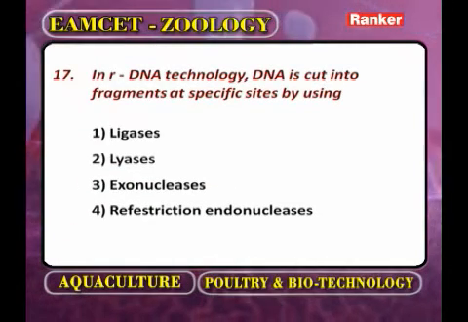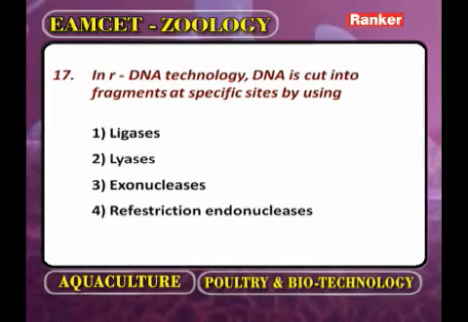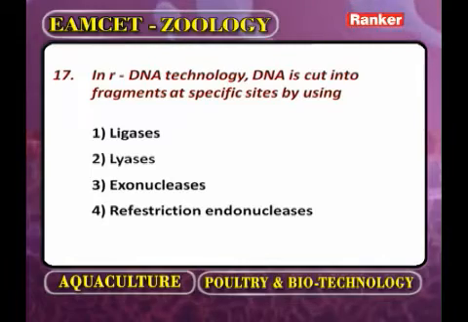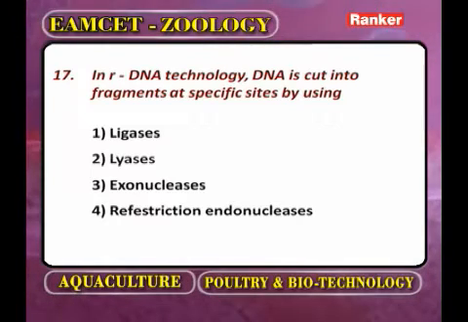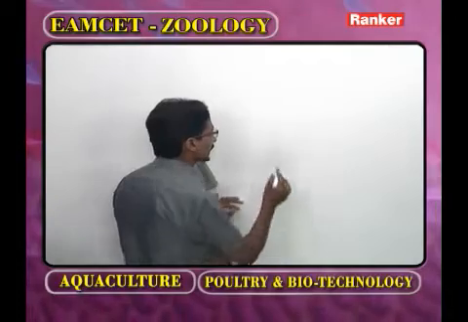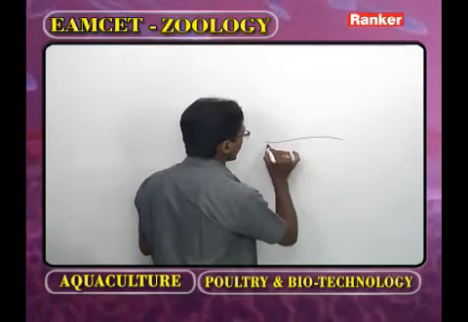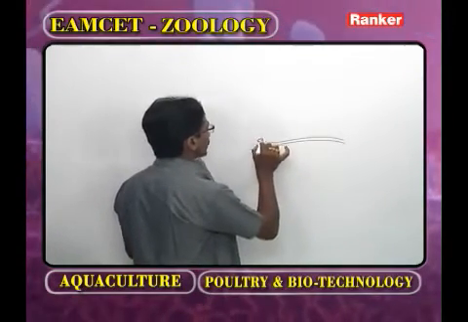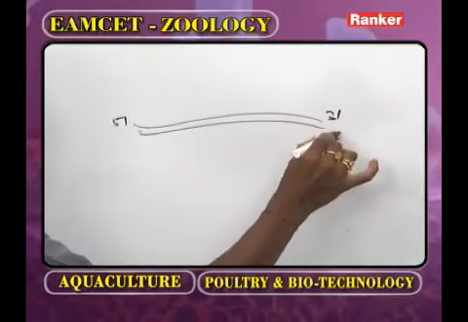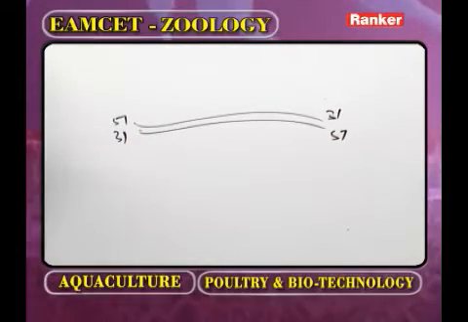In recombinant DNA technology, the DNA is cut into fragments at specific sites by using what? Now, this is the DNA strand, 5' 3', 5' 3'.